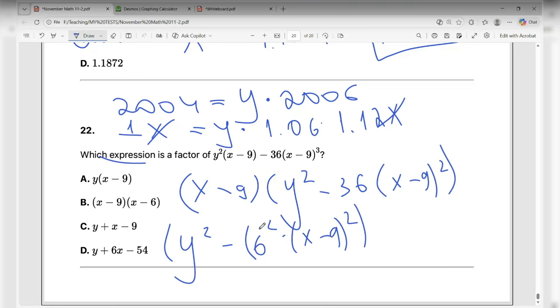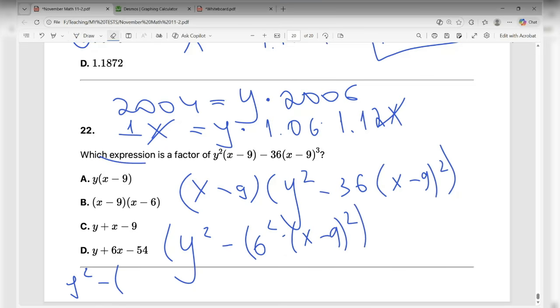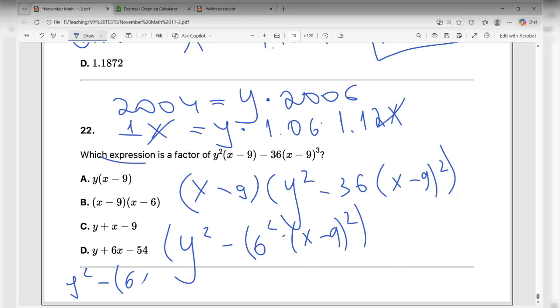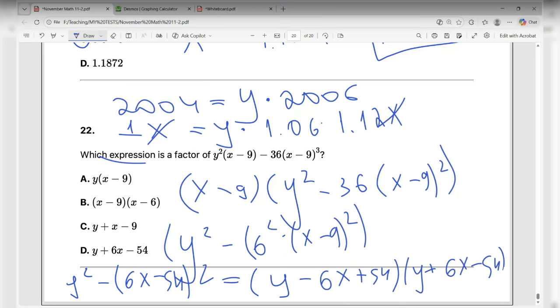And here, if you take the squares out, we're going to have y squared minus 6x minus 54 squared, and that is a squared minus b squared, which we know separates into a minus b and a plus b.